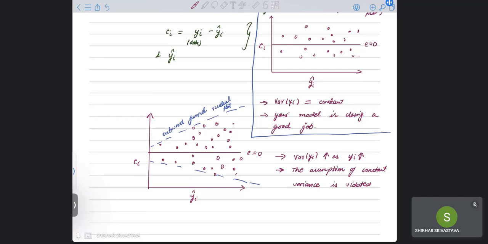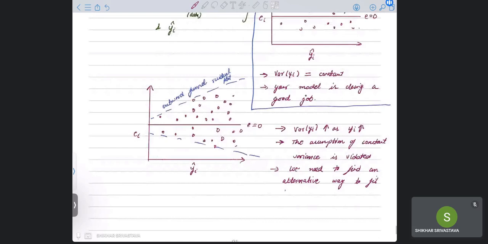So the point is that the assumption of constant variance is violated, and we need to find an alternative way to fit these kinds of models.